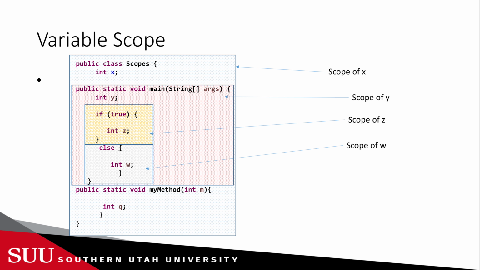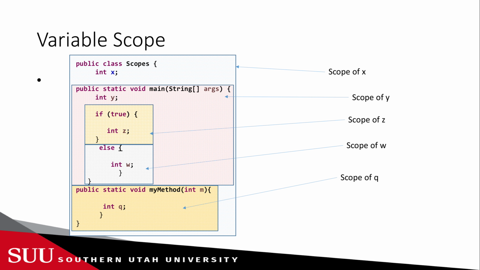Now for myMethod, it is a separate block of code within the class. myMethod can access x because it is in the same scope as the variable x, but it has its own code which starts from this curly bracket until this curly bracket, and then we define this variable here, which is q, and this is going to be the scope of q.